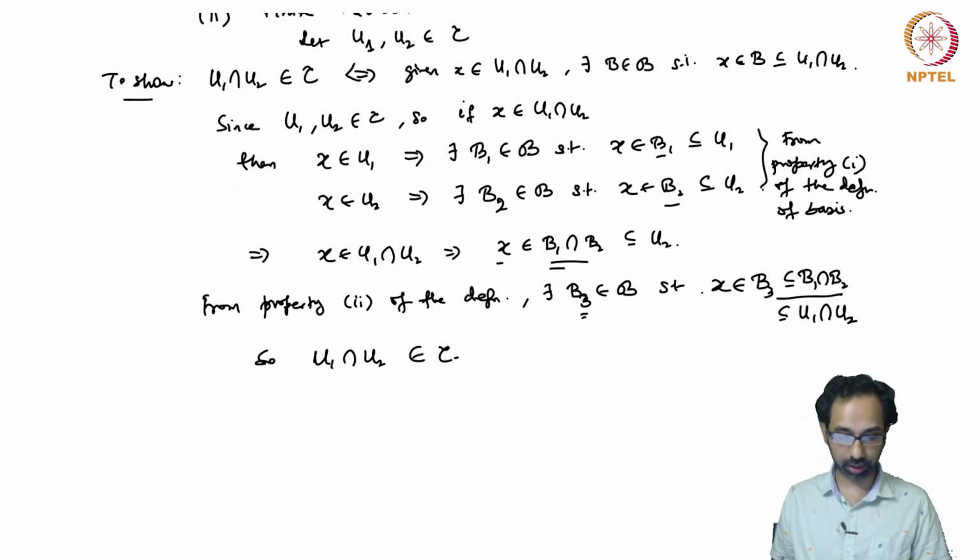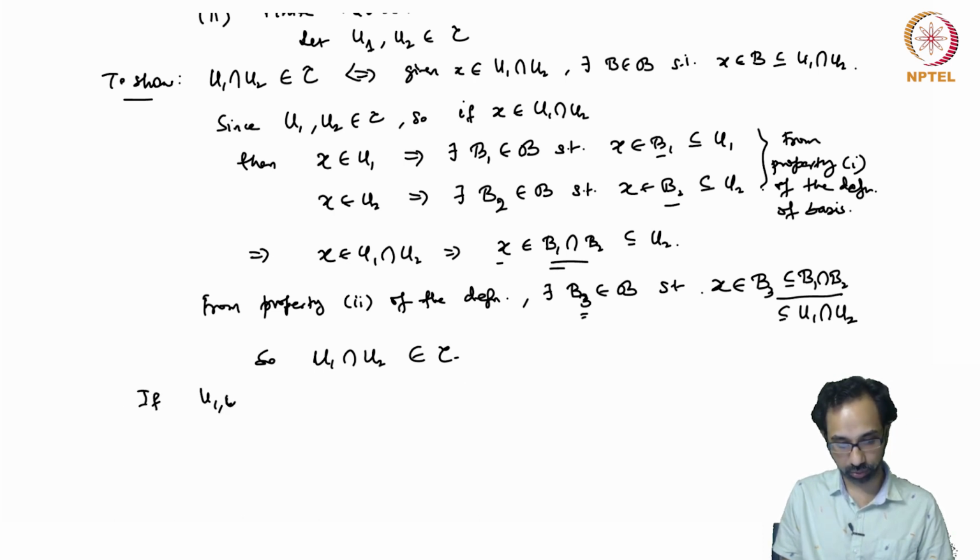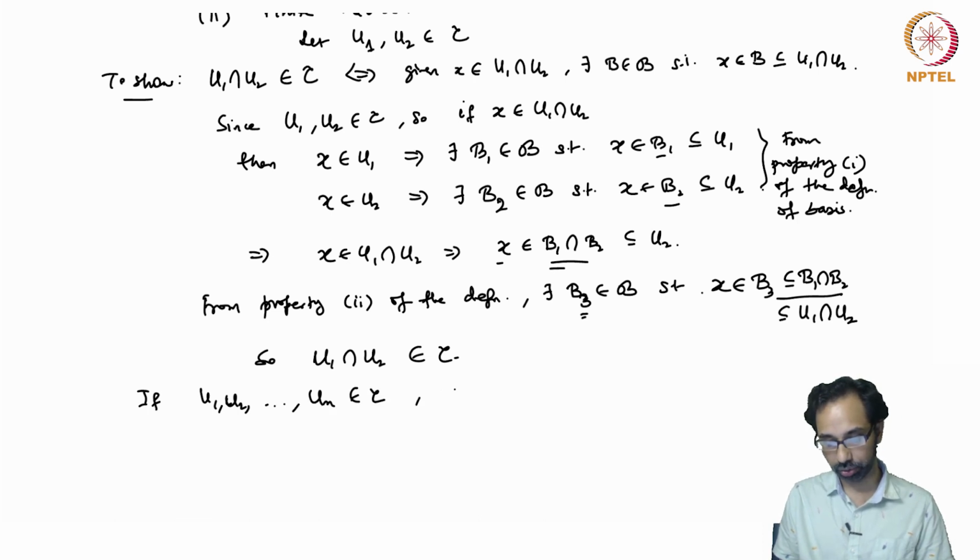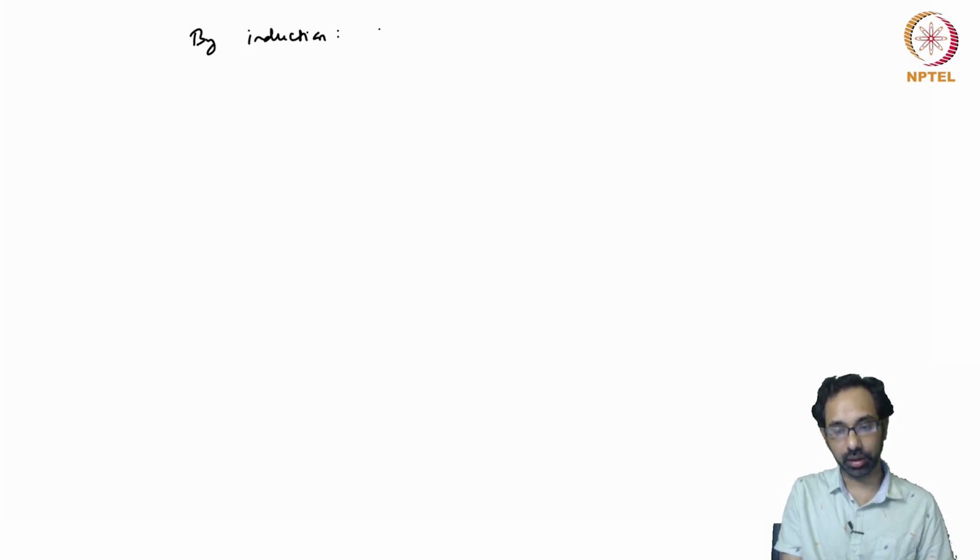And now for an arbitrary finite intersection, if U1, U2, ..., Un belong to tau, we need to show that the intersection of Ui, i equal to 1 to n, is in tau. Okay, and this is simply by induction. So we have already seen, so let's take the base case as U1 intersection U2 is in tau.